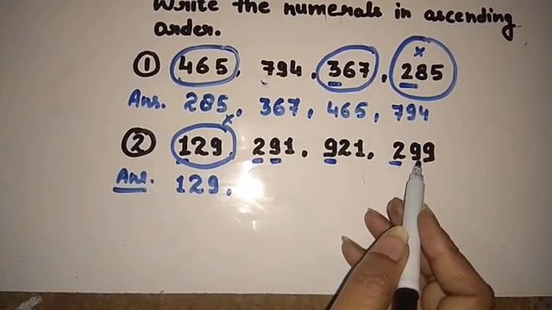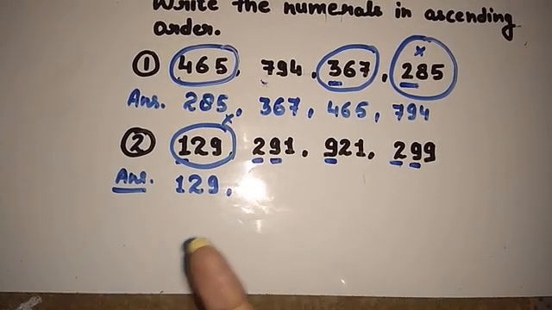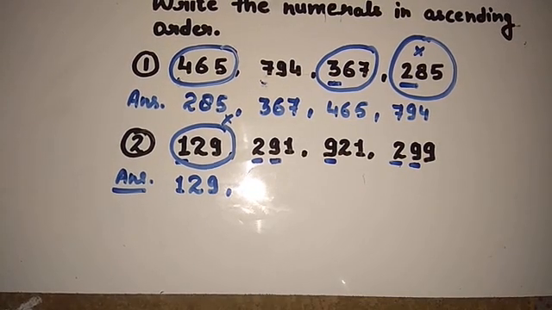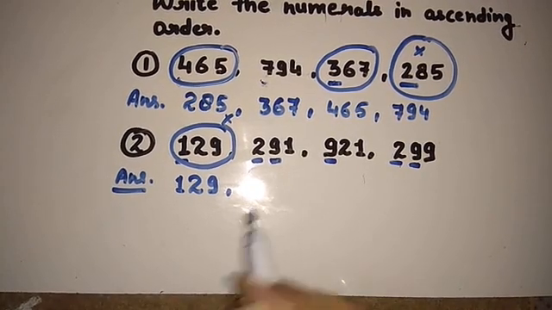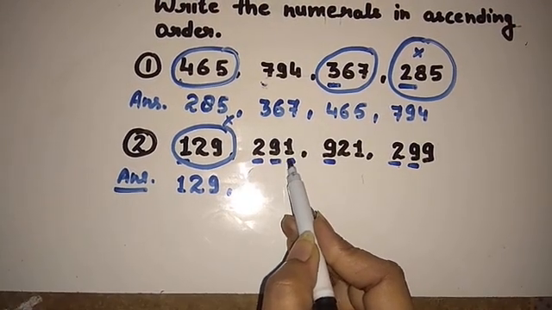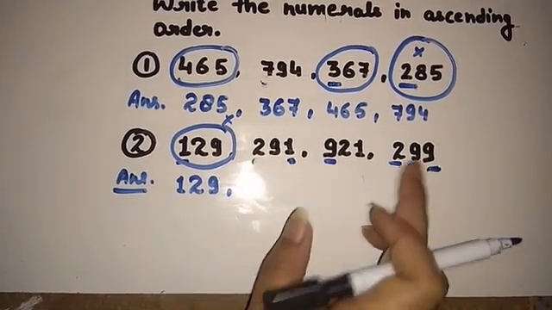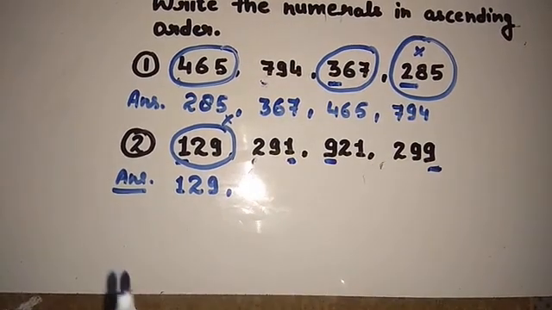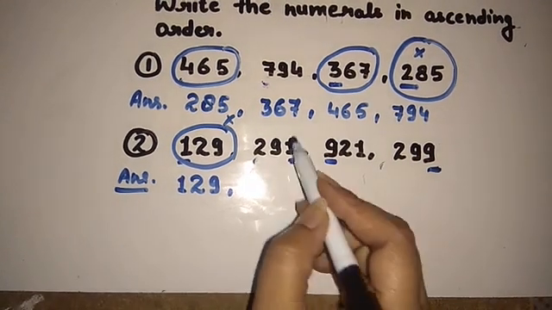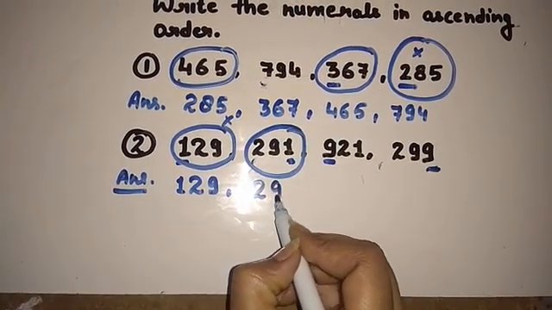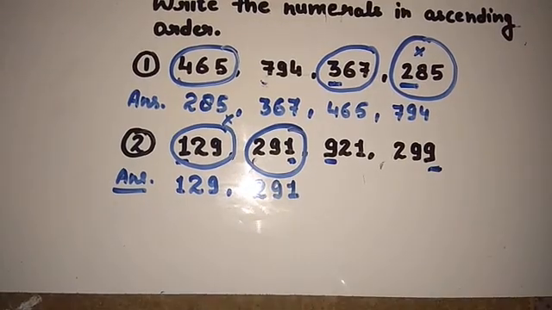Here 9 is given, here also 9 is given, both are again same. Oh my god, this has become puzzling. Okay, if both are same, we check the next place value, which is ones. Here 1 is given, here 9 is given. When we compare 1 and 9, we know that 1 is smaller than 9. So I will write 291.